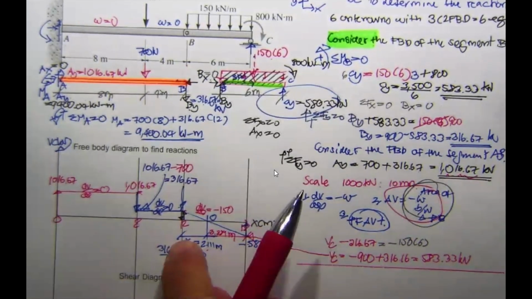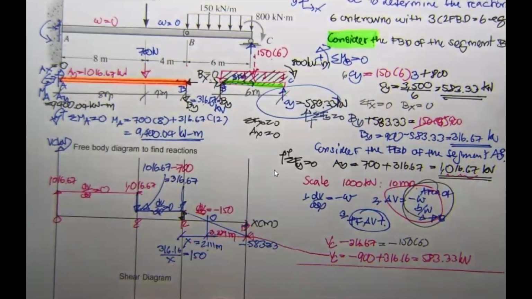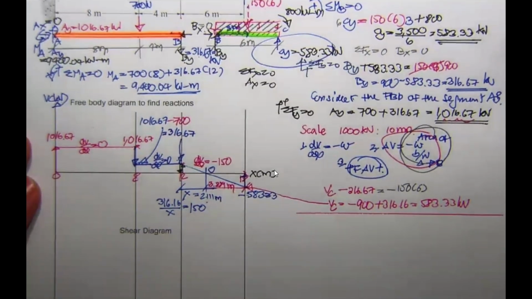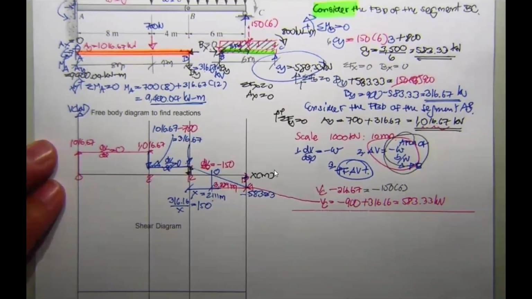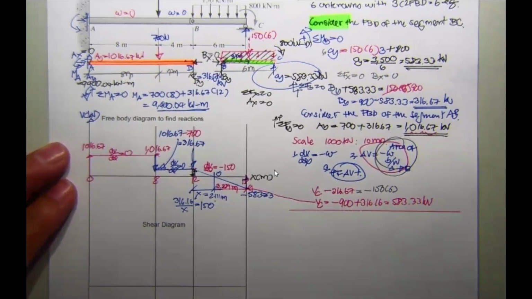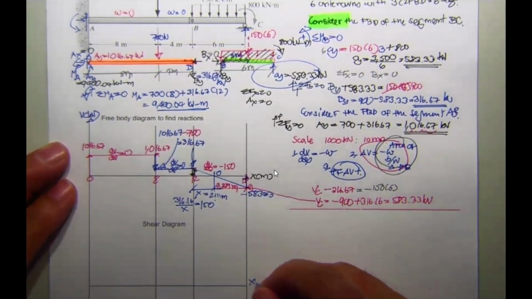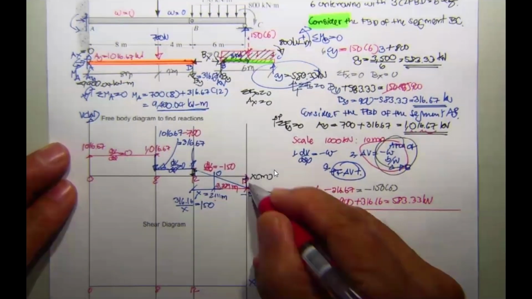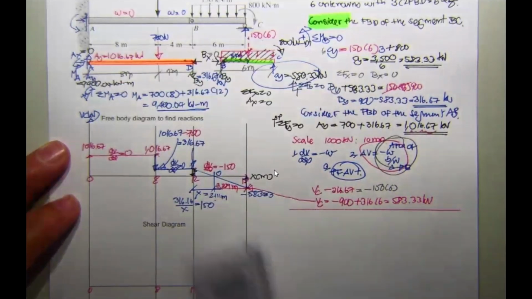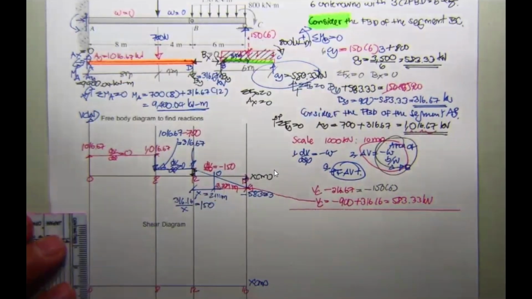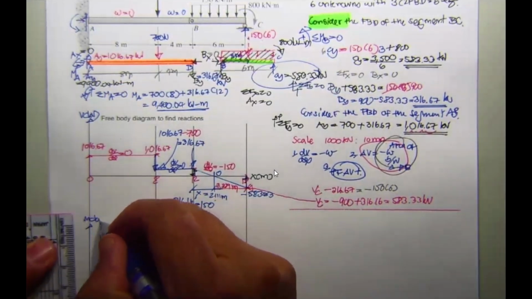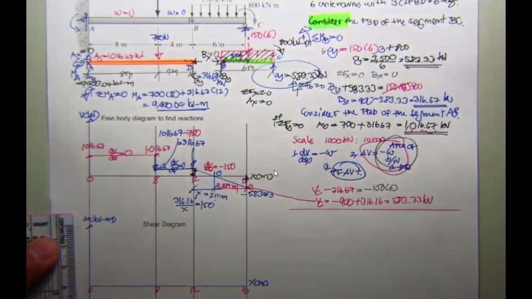Dot it. Take a look at the problem. Now we are ready to draw the bending moment diagram. Do the same thing. We take x over here in meters, and this is 0, 8, 12, and then 16. Put this axis as M in kilonewton meter.